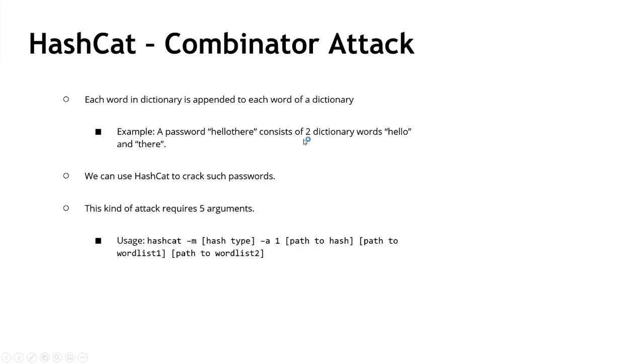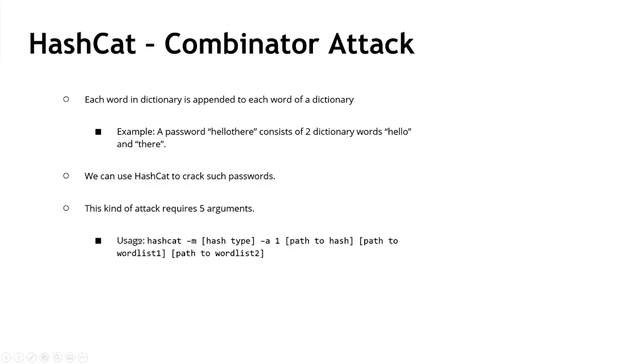It consists of different dictionary words, "hello" and "there". So using a combinator attack, we can pass in two different word lists at the same time, and Hashcat will do different permutations on those two word lists and try to come up with an answer.